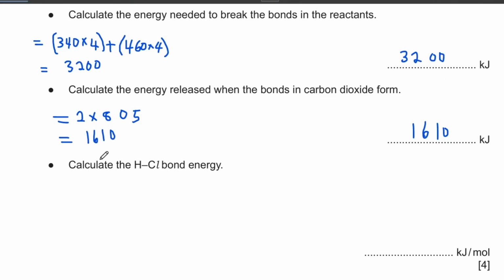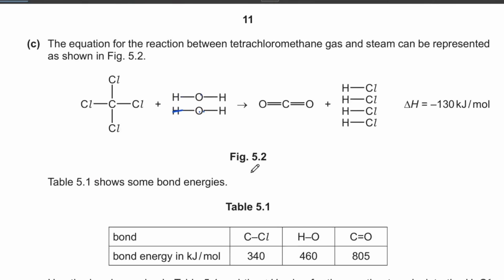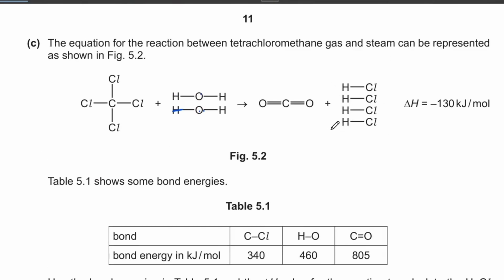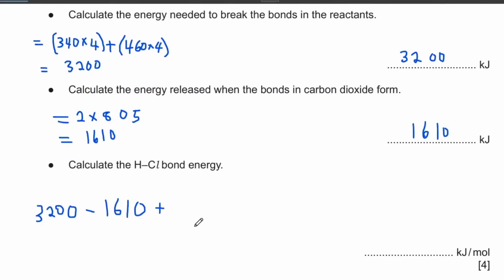So to calculate our hydrogen chlorine bond energy, it will be 3200, which is the energy needed to break the reactants, minus 1610 plus the hydrogen chlorine bond energy. So we check our equation of reaction. How many hydrogen chlorine bonds do we have? We have 4 of them. Since we don't know our hydrogen chlorine bond, let's give it x. It's going to be 4 times x, which is 4x.